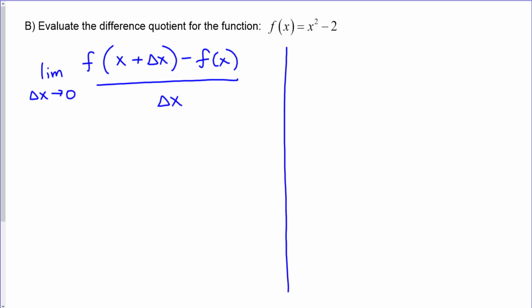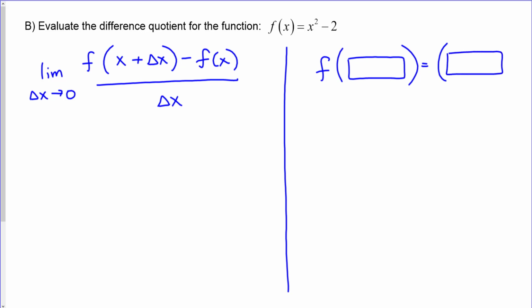F of anything I put in these parentheses is going to be whatever that thing was squared minus 2. So when I put in x plus delta x, I'm going to take that x plus delta x and square it, then subtract 2. So this would be x plus delta x squared minus 2.